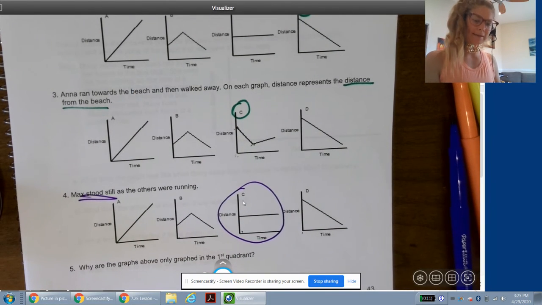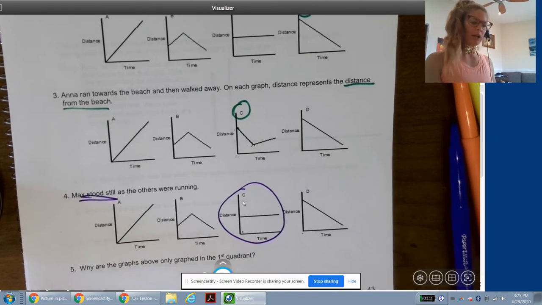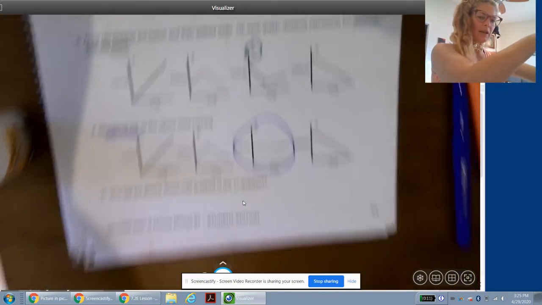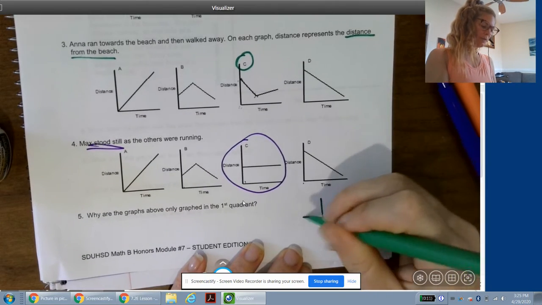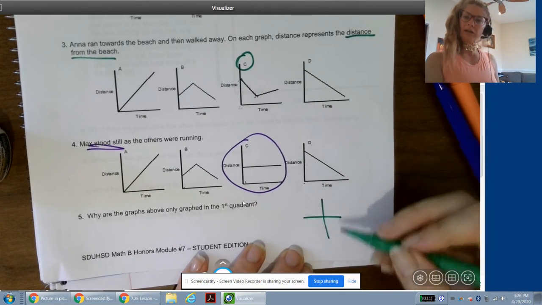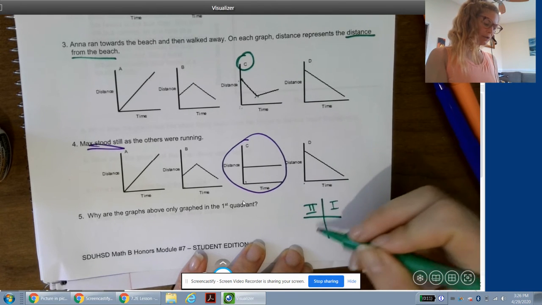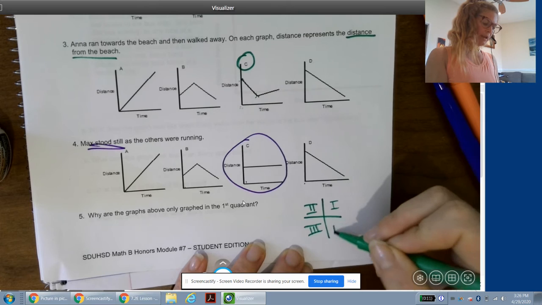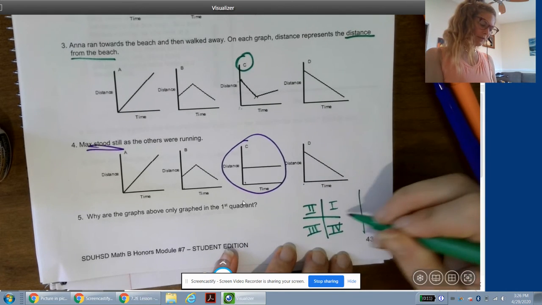So why are the graphs above only graphed in the first quadrant? Maybe you remember that the coordinate plane, or Cartesian plane, is broken into 4 quadrants, like quad, the number 4. And it goes 1, 2, 3, 4. They like to use Roman numerals for this, but I can write it with regular numbers.